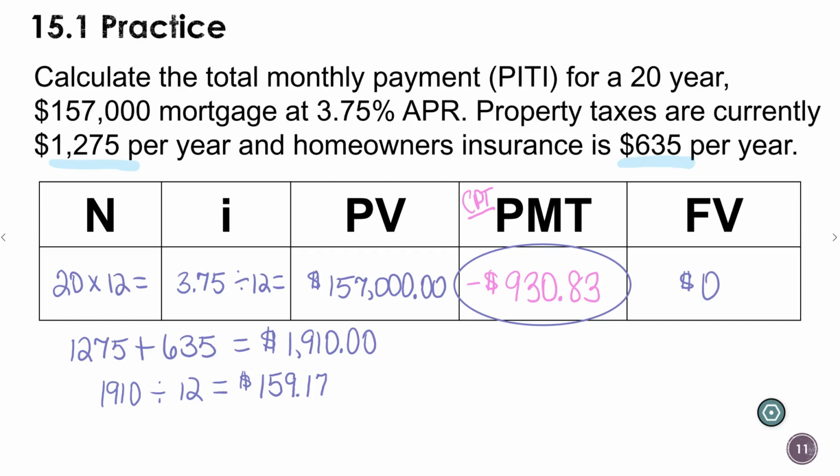Okay, so then we add that, right? That is the TI portion of our payment. We're going to add it to the PI portion of our payment, right? Principal and interest for the loan payment, and then we're going to add on taxes and insurance so that that goes into the escrow account that the bank is going to keep for us to pay both our taxes and our insurance amount.